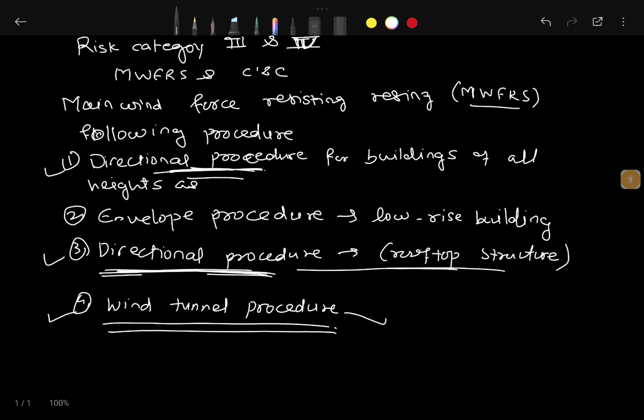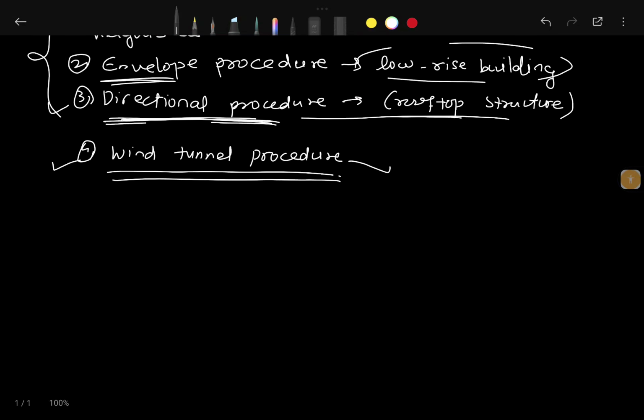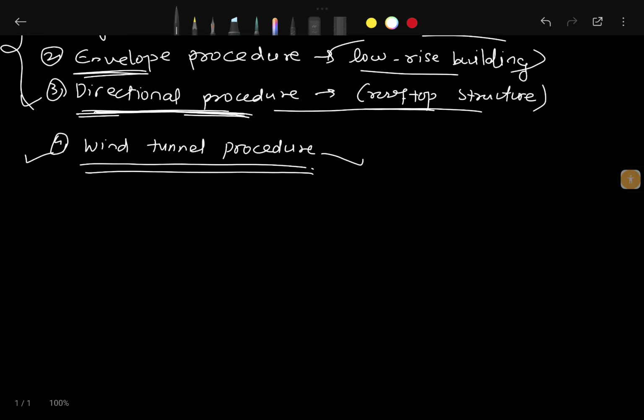We can analyze any type of structure with the wind tunnel procedure, but these three methods are important: the directional procedure for all heights of structure, the envelope procedure for low-rise buildings, and the directional procedure for all the rooftop structures, elevated structures. So this is a very important point.